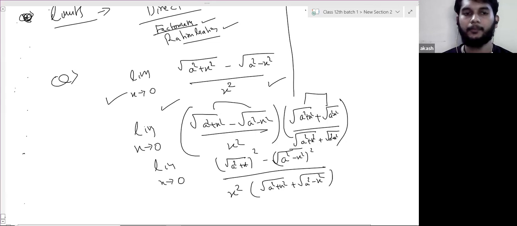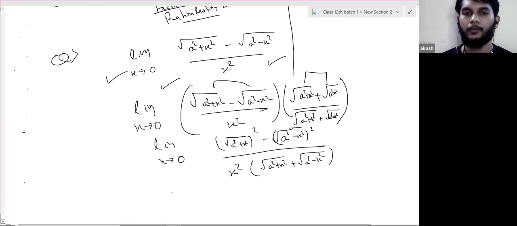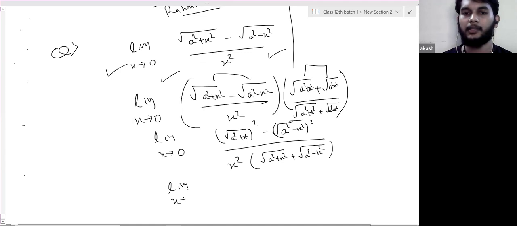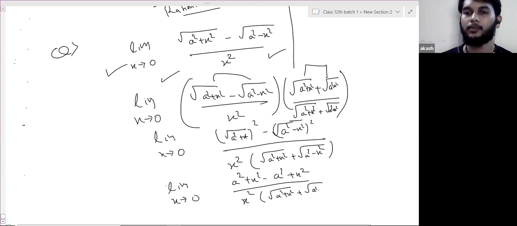So limit x tending to 0. This is a square plus x square minus a square plus x square, right? Because when the brackets are open, they will be like this, x square under root a square plus x square plus under root a square minus x square. A square and minus a square is cancelled. This is 2x square, right?